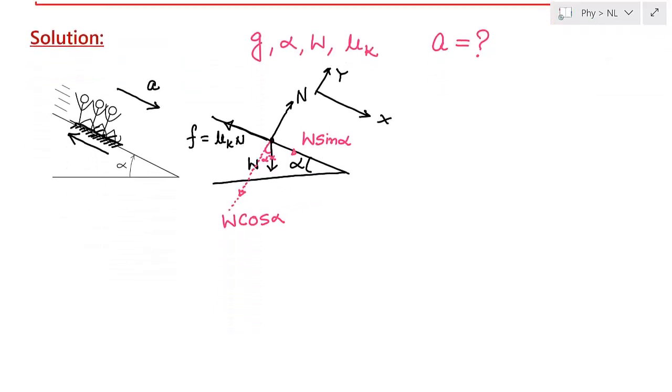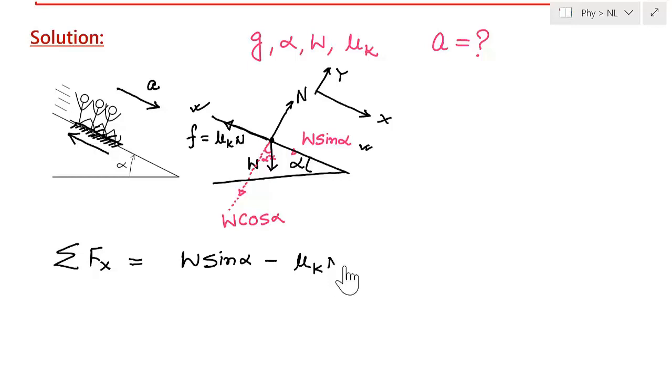Now we have to write equation of motion. So let us write equation of motion in the x direction and in the y direction. So in the x direction I can write summation of forces is equal to mass into acceleration. So what are the forces that are acting? One force is W sin alpha. And friction is acting in the opposite direction, that is mu k times N. And this is moving in this direction along the x-axis with acceleration a.